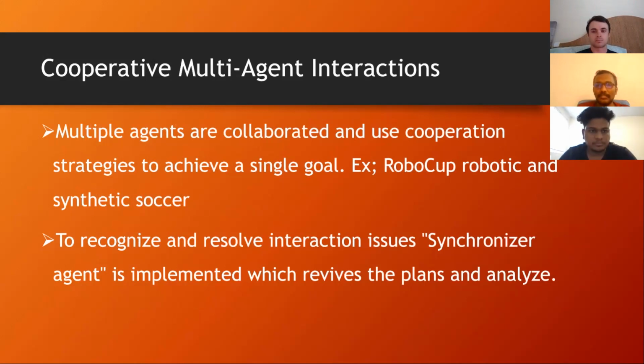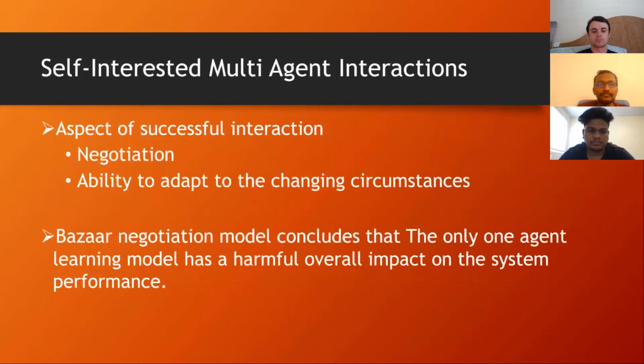That means all the agents have a single aim to win the game, and also to recognize and resolve interaction issues. To avoid the interaction issues between the multiple agents, researchers found a synchronizing agent which implements and revises the plans based on the situations.